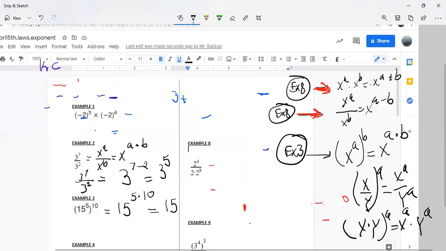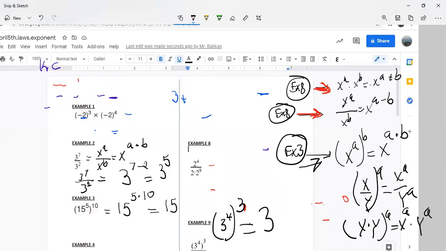So I write it bigger, 3 to the 4th, and that's raised to the 3rd power. So I'm going to use this rule here. So it's 3 to the 4 times 3. They're going to multiply each other. And that's 3 to the 12th power. Okay. And that was the first part we did with exponent.